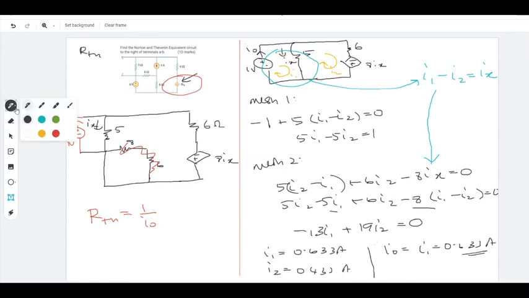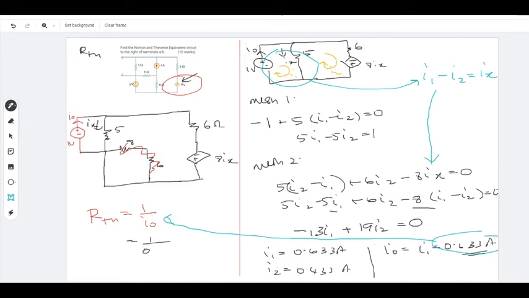So you take this value here, insert it here, then 1 over 0.633. So 1 over answer, we'll be getting 1.58. Don't forget your unit ohm. So just like that, you have completed getting your RTH.